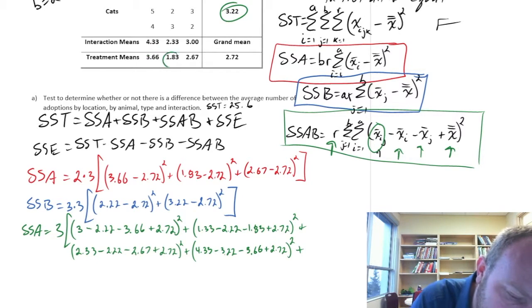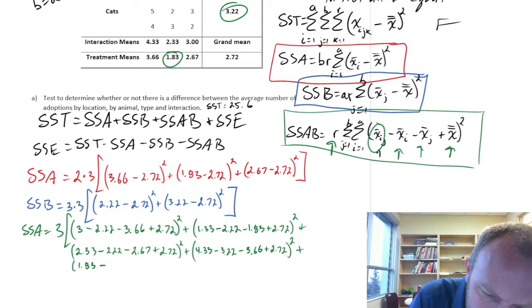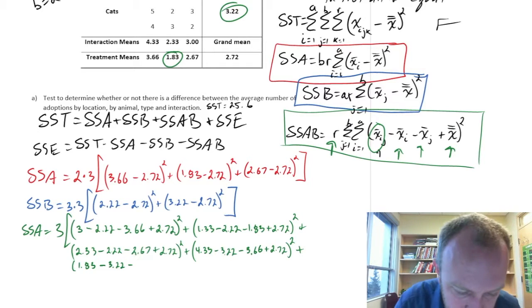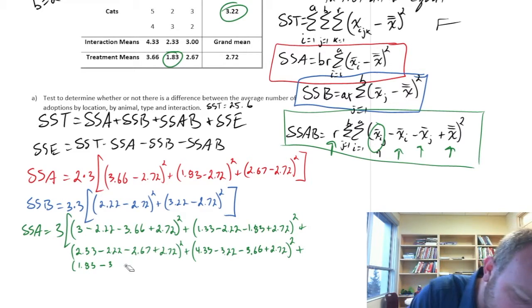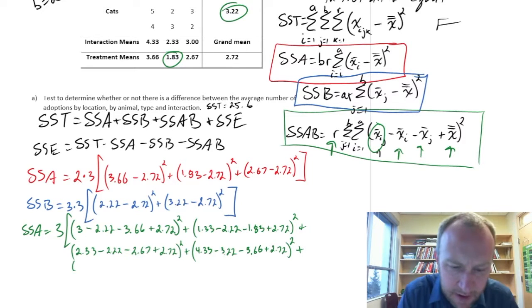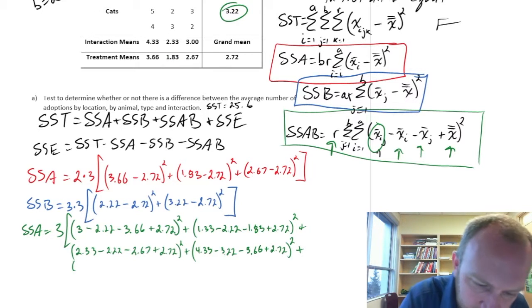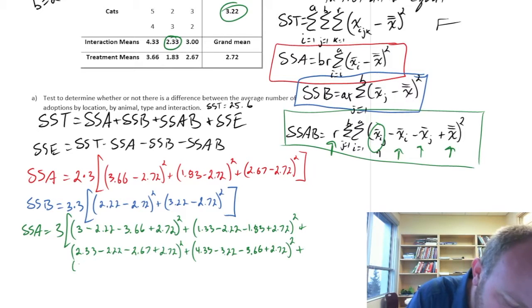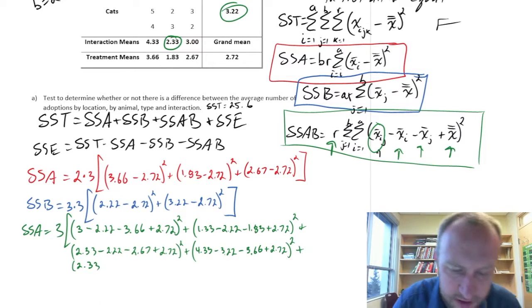So now we're up to this one, 1.83 minus 3.22 minus 1.83, where am I? Oh, I made a mistake. Sheesh, I don't want to do that. We're at this one here, 2.33. Let me just make sure I haven't.